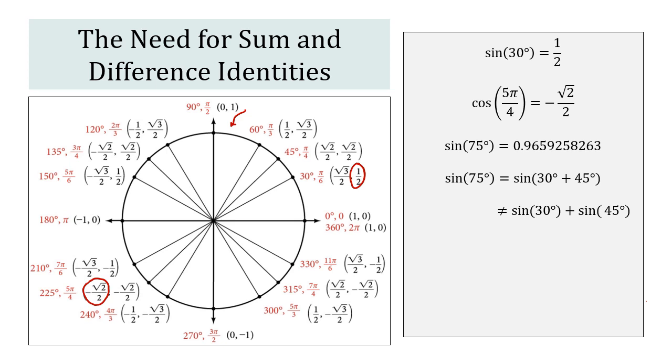Secondly, if we were to find out what the sine of 30 degrees is and the sine of 45 degrees, 1/2 plus the square root of 2 over 2, and find the decimal approximation, we would get 1.207106781, which is not equal to what we said above was 0.96 approximately. So, what else can we do?